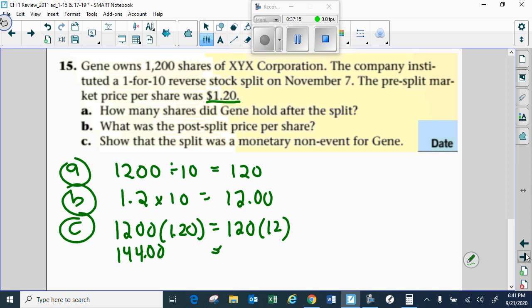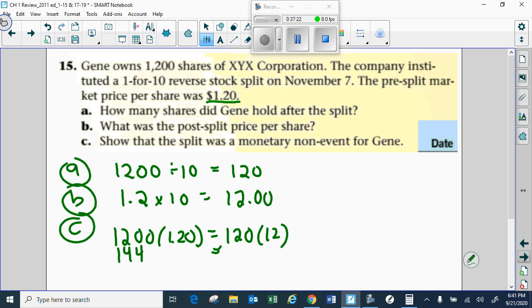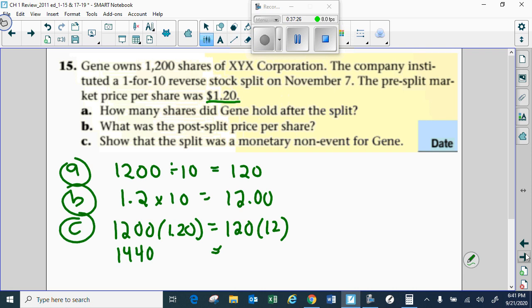Oh, I'm only going over 1 place because I didn't use that 0. I used it as 1.2. Oops. So 12 times 12 is 144, and add a 0 onto it, 1,440. You can put it in a calculator to check.